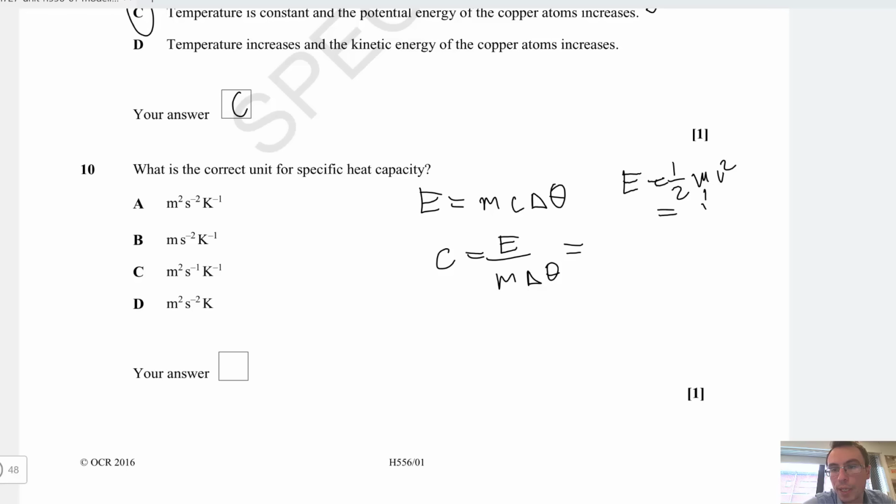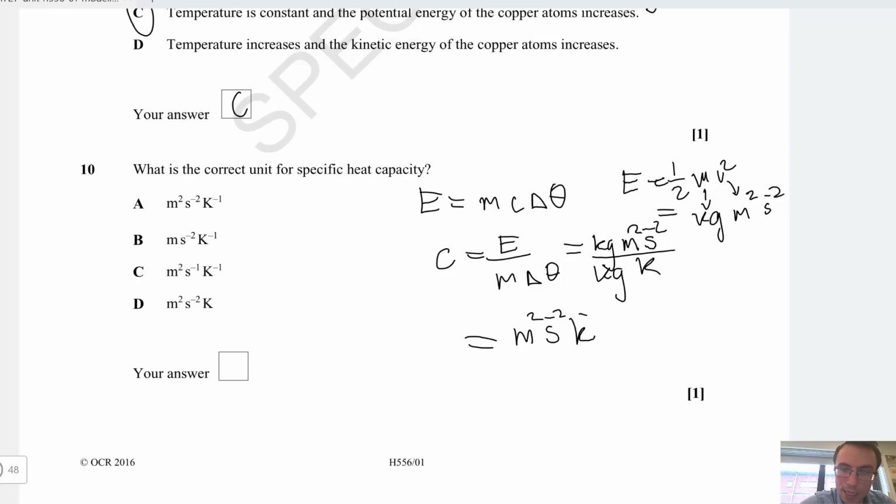So half has no units, mass is measured in kilograms, meters per second, so it's going to be kg m squared s to the power of -2, divided by kilograms, and change in temperature, that's just measured in Kelvin. So what will that give me? That will just give me m squared s to the power of -2 K to the power of -1. That seems like A to me.